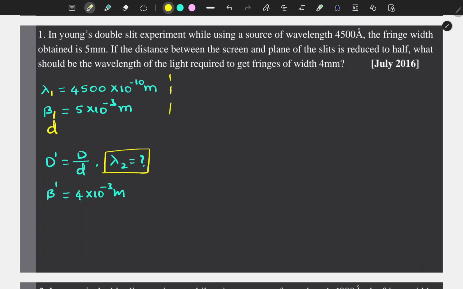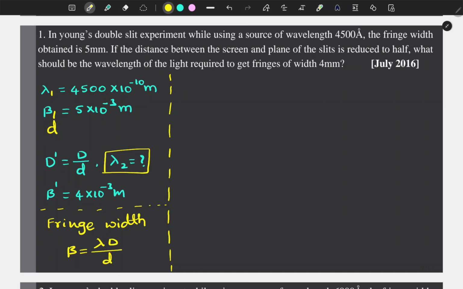Using the expression for fringe width, the fringe width is given by beta is equal to lambda D by small d.